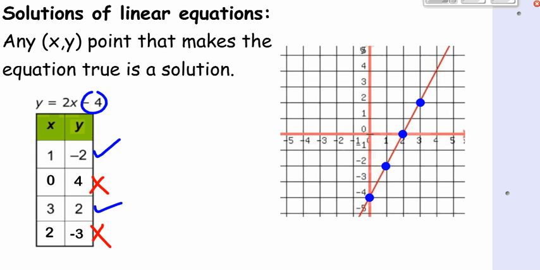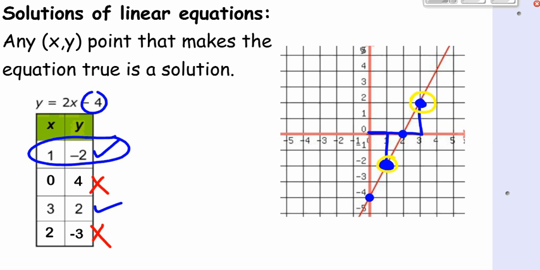And from my table, this point should be on my line, 1, negative 2, there it is. And 3, 2, there that point is. So those 2 points actually did end up being on my line. Okay?